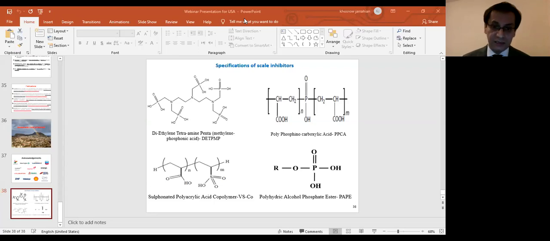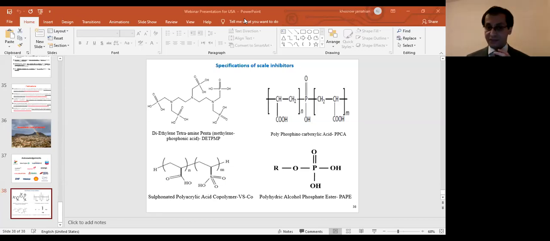And can we use a certain scale inhibitor for different scales? What criteria should be considered? One of the most important criteria for the scale inhibitor is compatibility. The scale inhibitor should be compatible with any injected water first. The second criterion is that the scale inhibitor should have high and very good retention on the surface of the rock.